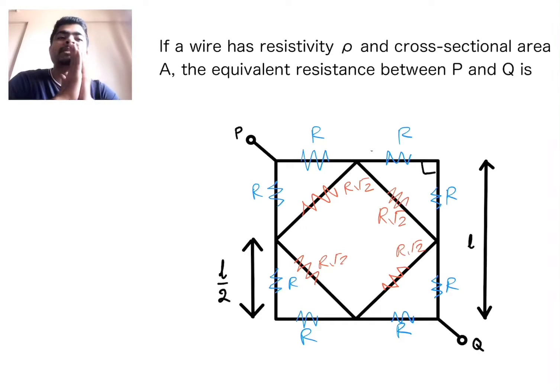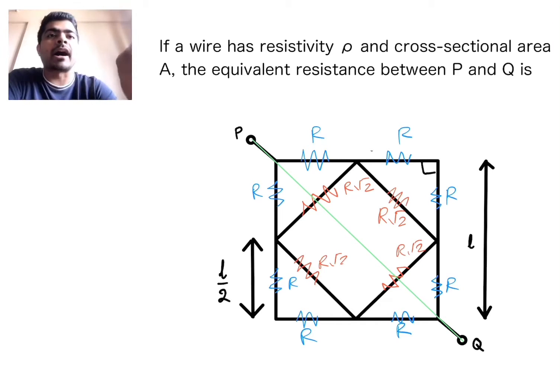Now we need to apply the symmetry concept. Between P and Q, you have symmetry about this green line. The section on the lower half is exactly identical to the section on the upper half. That means this point will have the same potential as this point.